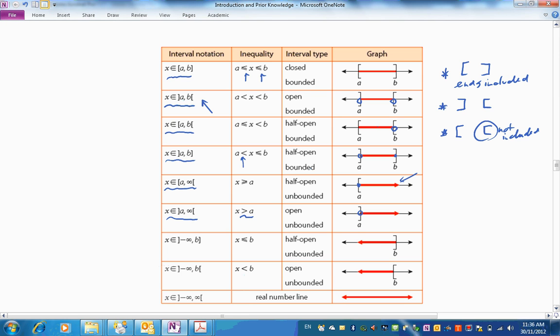So here, half open in this one here, again, because we've got equality to B, so that means it's a shaded circle there, it's closed on that end, it's not closed on the other end, so it's half open. It's also unbounded because it can keep going there in the negative direction.